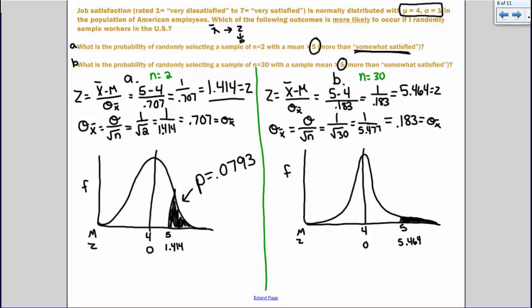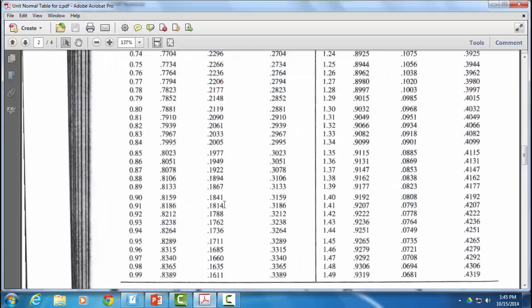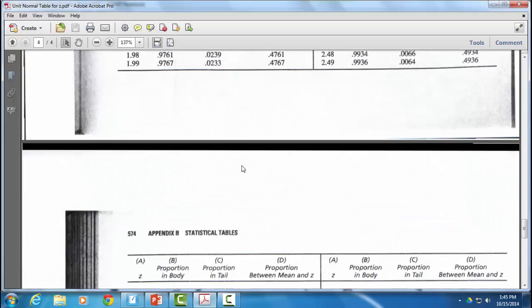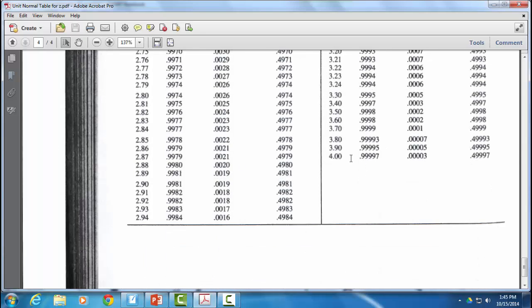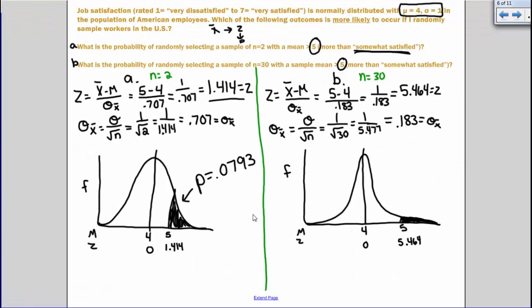Now let's take a look at finding the z-score of 5.46. Well, guess what? It's off the charts. This table only goes to 4, and look at the probability in the tail for a z-score of 4. So, in this case, even though we don't have an exact value, if you did this in a statistical software program, you would.